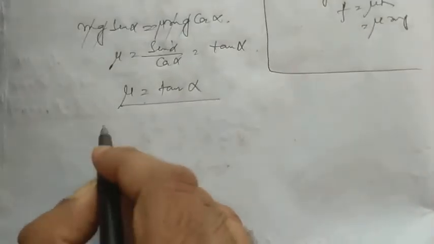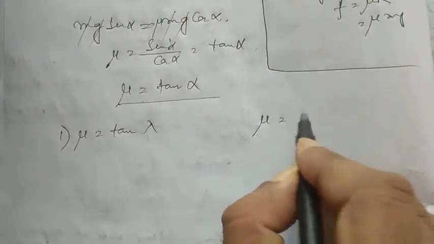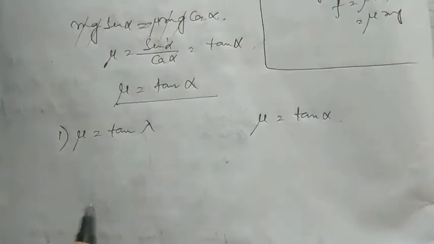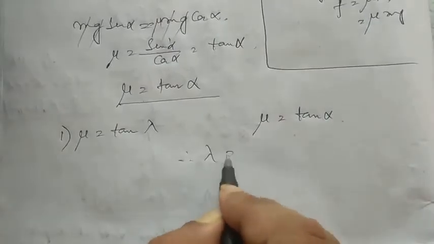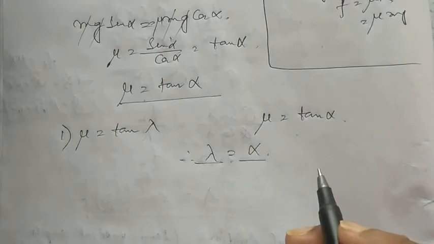So from 1 we had got mu is equal to tan of lambda. Here we have got mu is equal to tan of alpha. So can we write lambda is equal to alpha, angle of friction is equal to angle of repose.